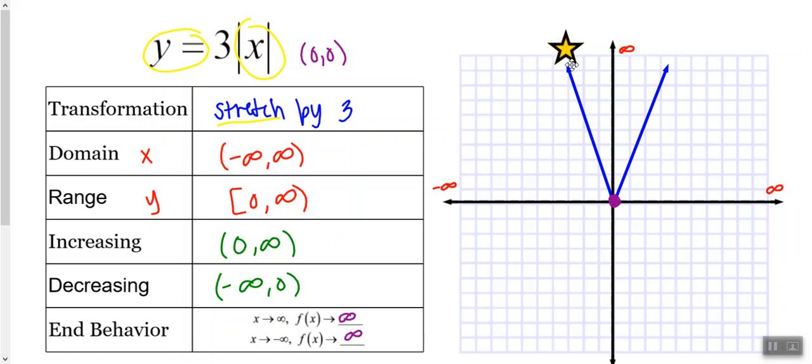So we start on the left, which was our negative infinity, and we decrease to our vertex, which was at 0. And then we increase from 0 to the other arrow, which was positive infinity. And then finally, in end behavior, which way are our arrows pointing at the end? Both are pointing up, so both get positive infinity.